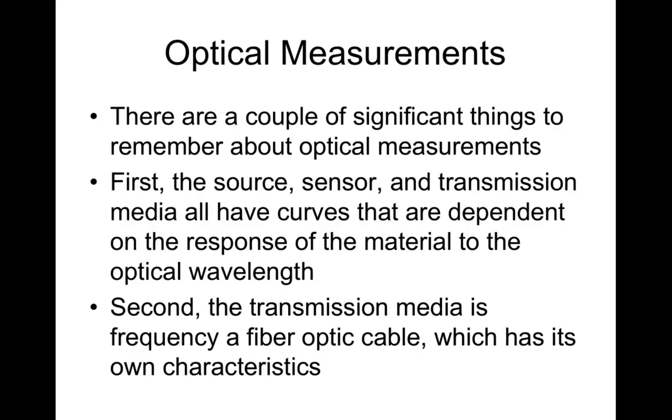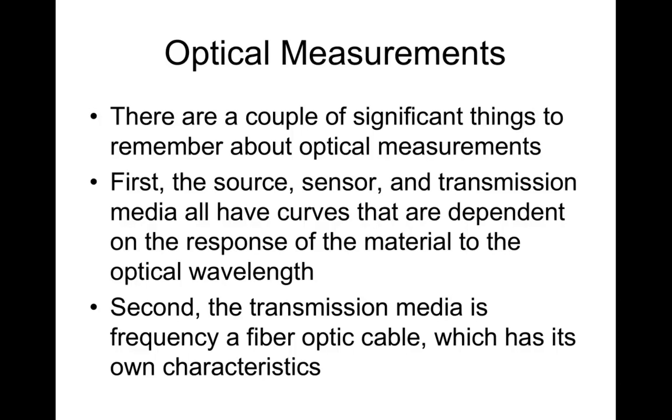Optical measurements. There are a couple of significant things to remember about optical measurements. In optical measurements, you'll typically have a source, you'll have some transmission media, and you'll have a sensor. And all of these have curves that are dependent on how the material is responding to the wavelength of the optical signal.